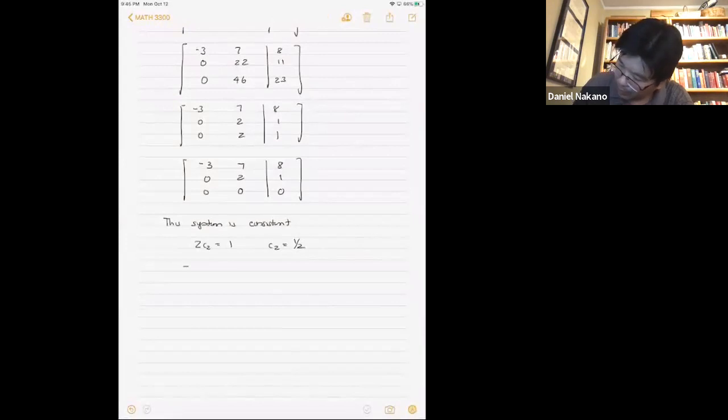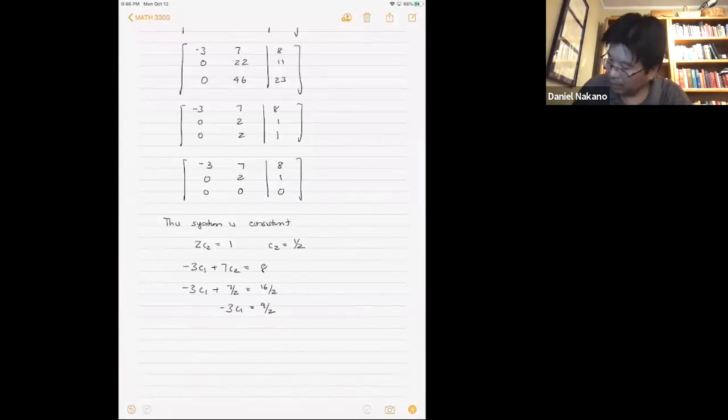Okay. And minus 3C1 plus 7C2 is equal to 8. So minus 3C1 plus 7/2 is equal to 8, which is, I guess, 16/2. So minus 3C1 is equal to 9/2. Okay. So C1 is equal to minus 3/2.